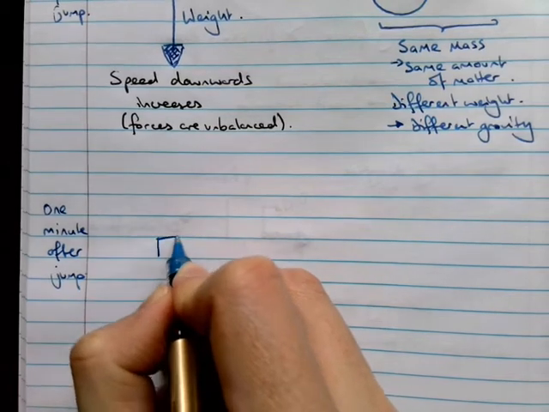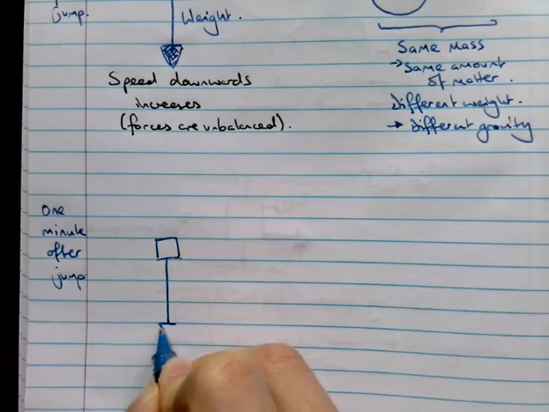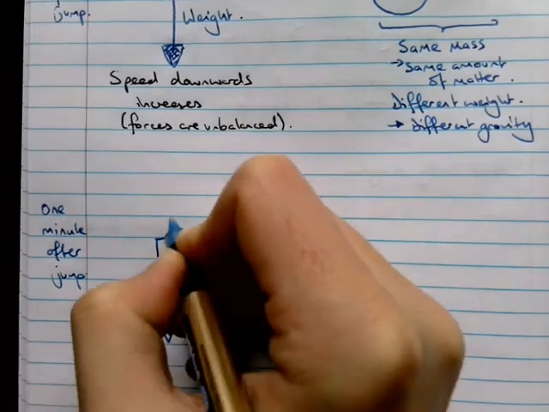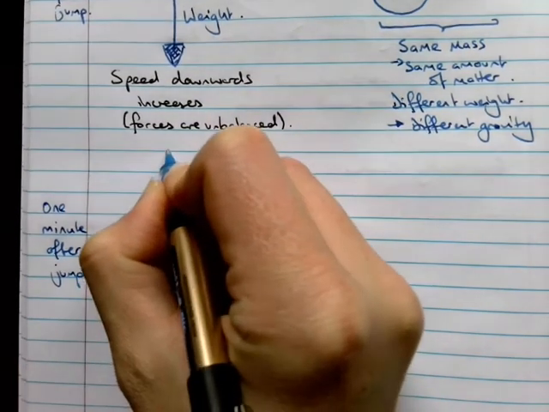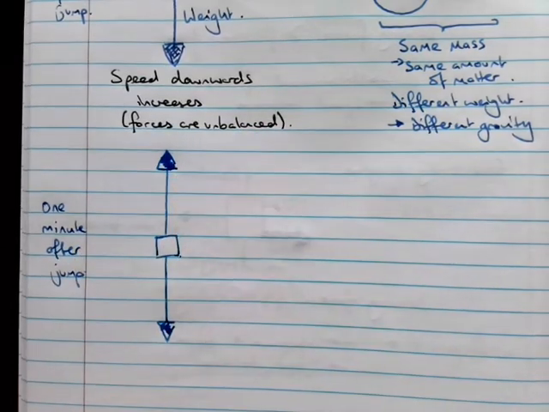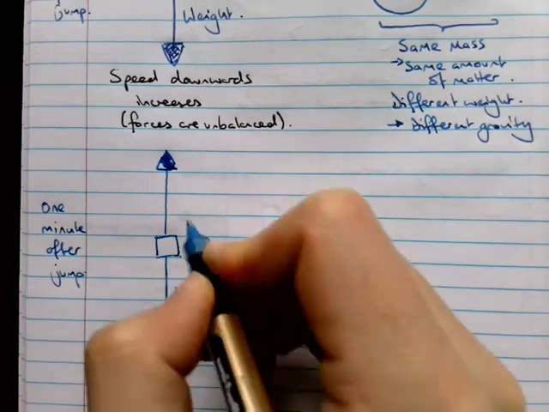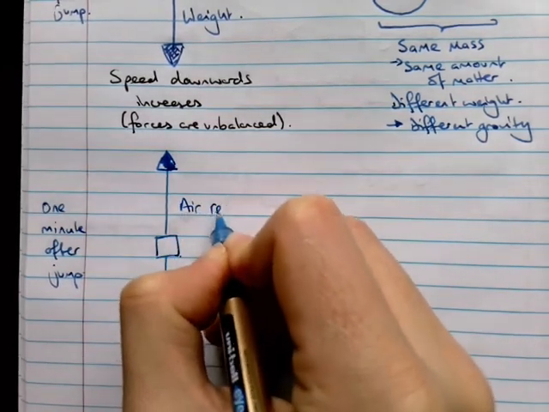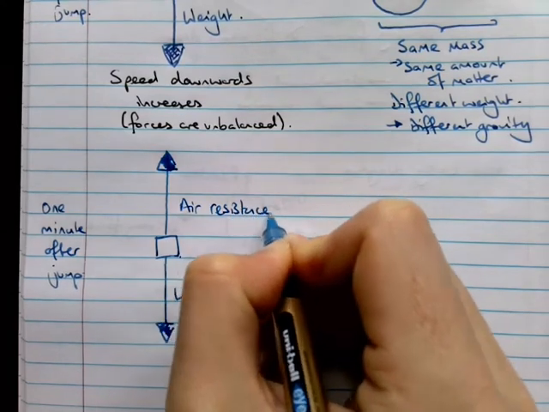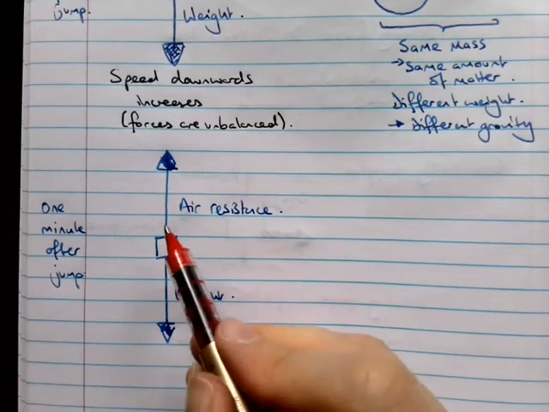Eventually we're going to get to a situation where the force due to gravity is equal to the air resistance. Remember, this is your weight, and this is the air resistance. Now we have balanced forces.